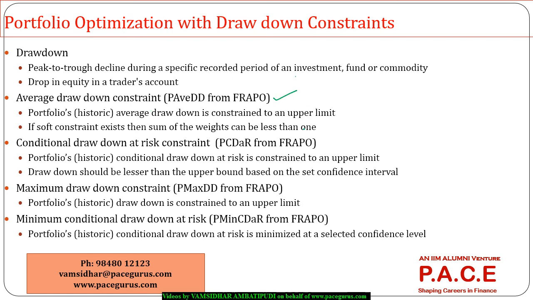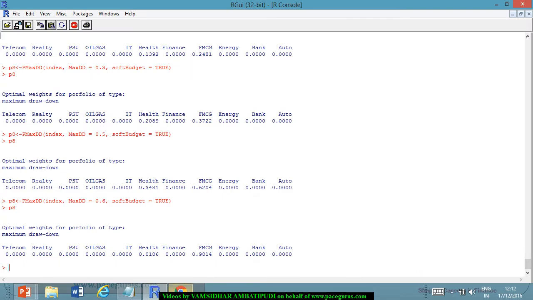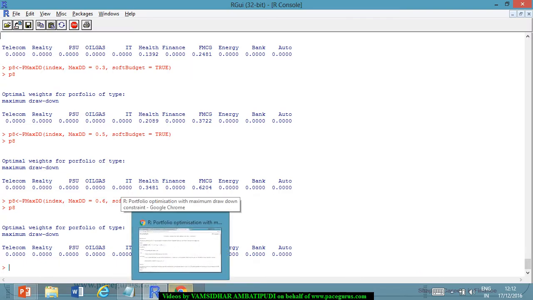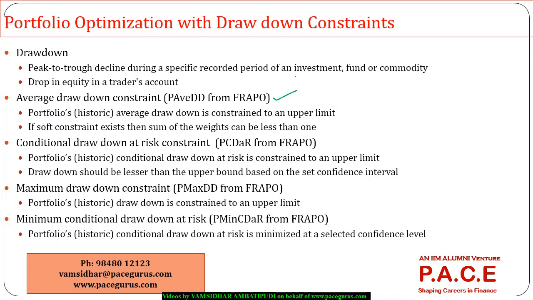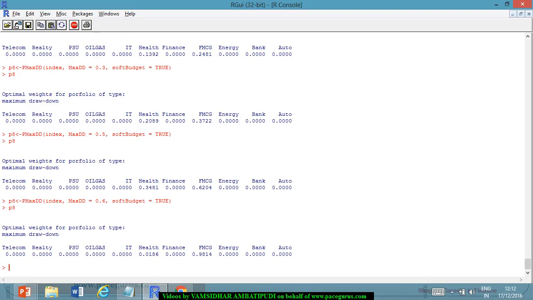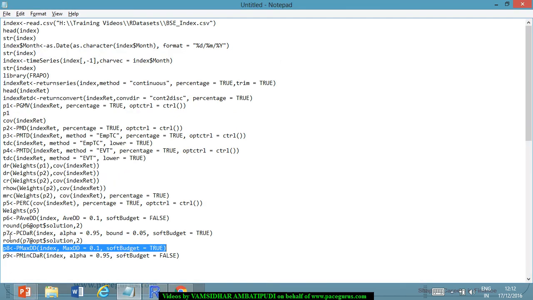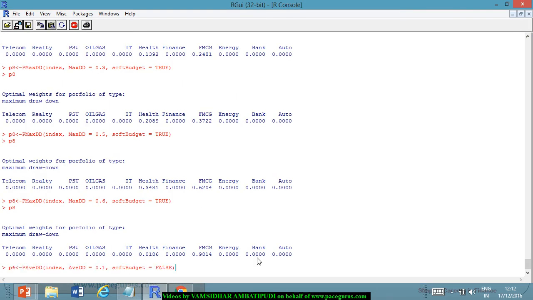So I can very well set the average drawdown should not be more than this much. By considering that particular option of average drawdown not going more than this much, I can very well select the composition for investment. So if you look at this P6, I am giving P average drawdown.